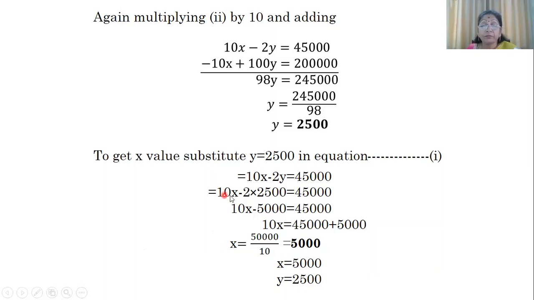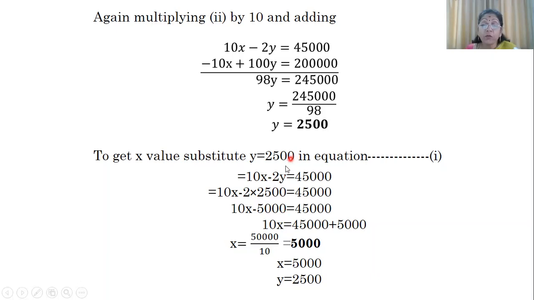Then 10x minus 2, this is 2, okay, minus 2 into 2,500. The y value is 2,500. So 10x minus 2 into 2,500.